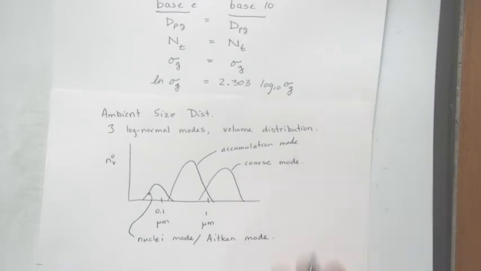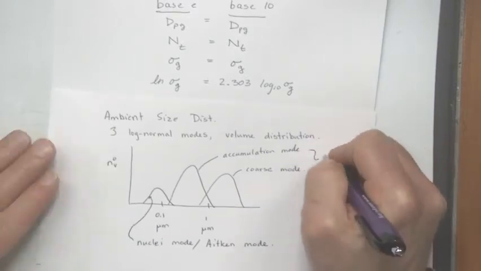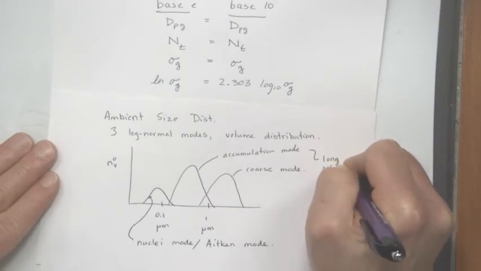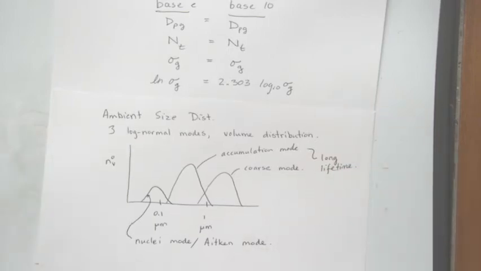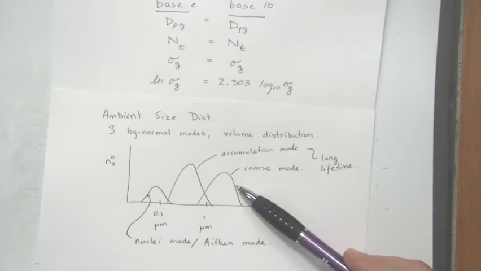The accumulation mode is called the accumulation mode because it has a long atmospheric lifetime. It's not efficiently removed by gravitational settling, rain out of particles. Coarse mode particles have a short lifetime because of gravitational settling and removal by rain.